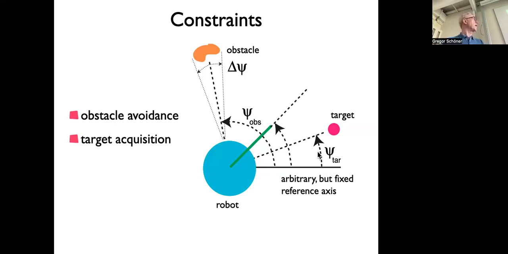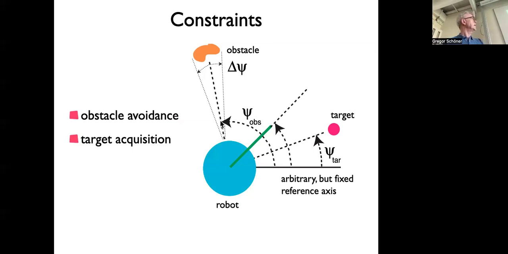So there's an important invariance here: the angle that characterizes the target doesn't depend on how you're oriented yourself. For instance, if you rotate the robot on the spot, the angle to the target doesn't change if you measure it this way. But if you were to measure it in robot coordinates, then that angle would change. And you'll see in a little while why that would not be such a useful way to do that. Good.